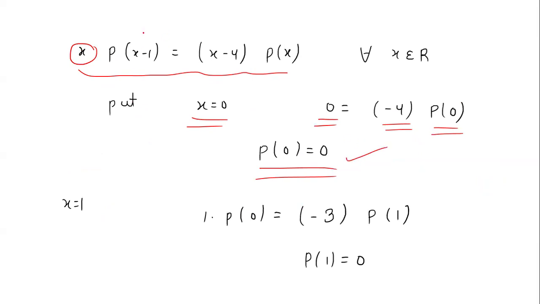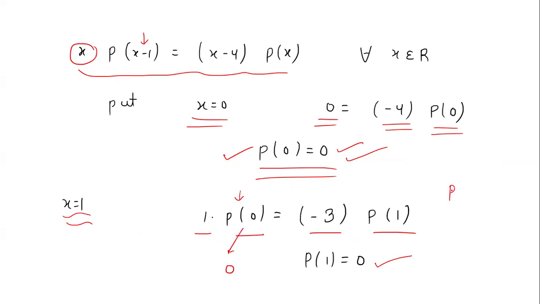Now here it is x minus 1, and now I also know the p of 0 value. So now I can put x is equal to 1 and the left hand side will become 1 times p of 0 and the right hand side will become minus 3 times p of 1. But I know the p of 0 value is 0, so I can get the p of 1 value as also 0, because this thing will become 0.